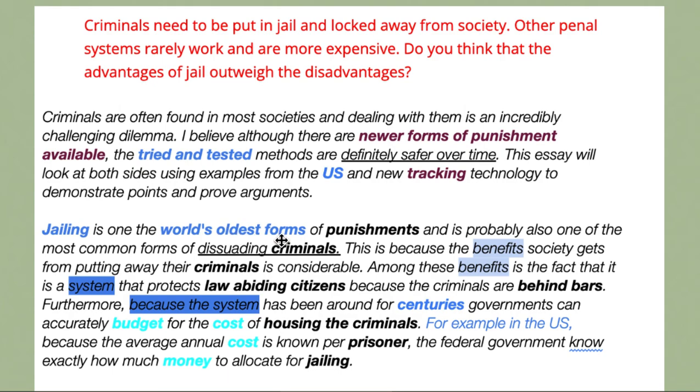World's oldest forms of punishments is tried and tested again, so we're referring. And then we develop it. Punishments dissuading criminals. The benefits of society, again, as I said, sometimes we have to repeat, okay, is this system, and then we're talking about this system.